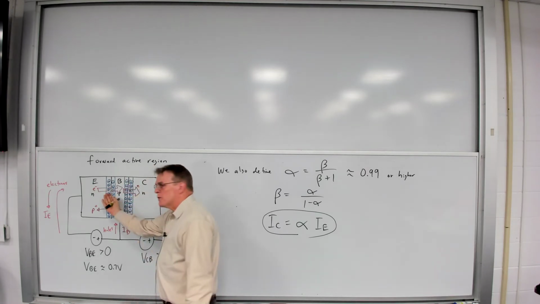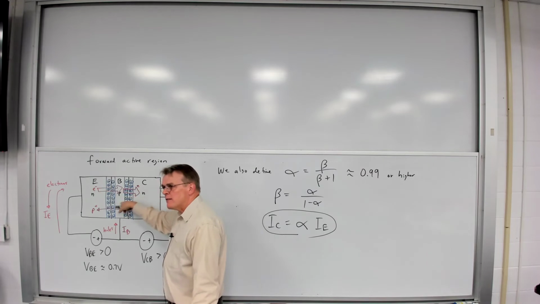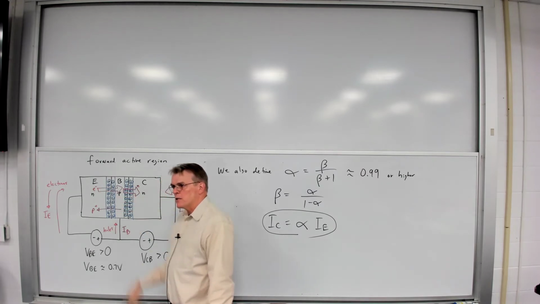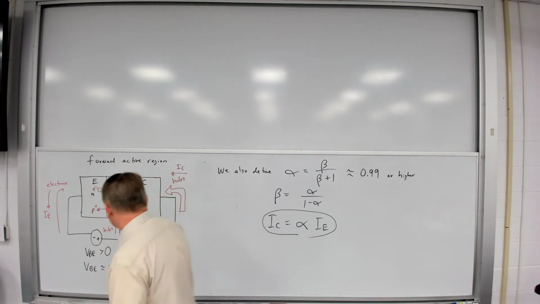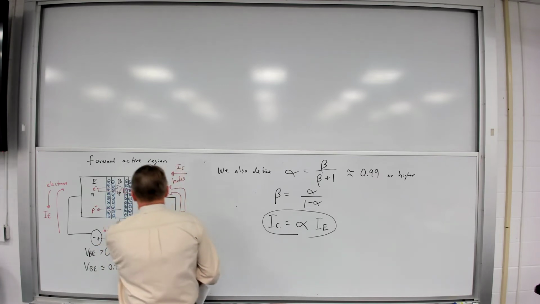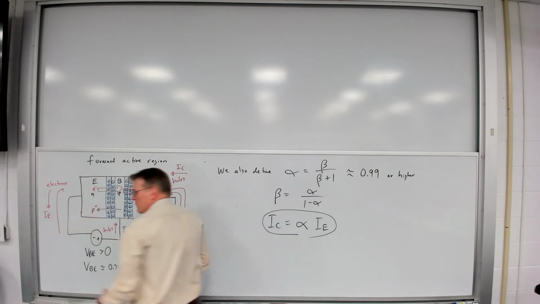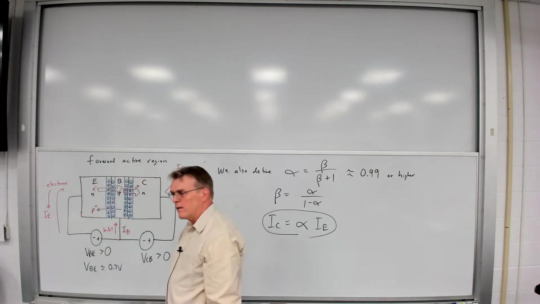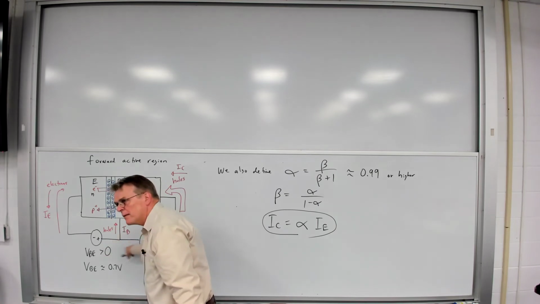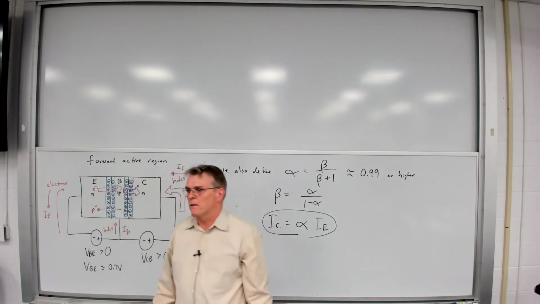But the current's able to flow across the reverse bias junction because we have lots of excess carriers, which are minority carriers in the base. But yes, the current's coming out of VCB, okay? So what's happening here is the current's flowing out of this source and then back into this source. All right, notice there's a connection between here. So KCL is going to apply here, and it's also going to apply for the transistor.